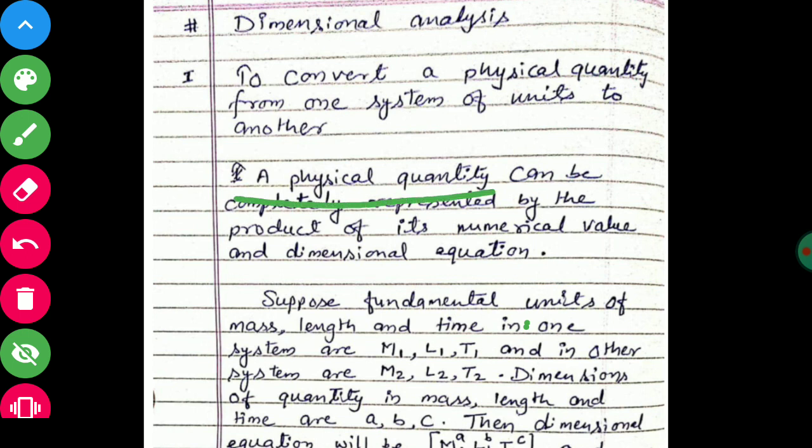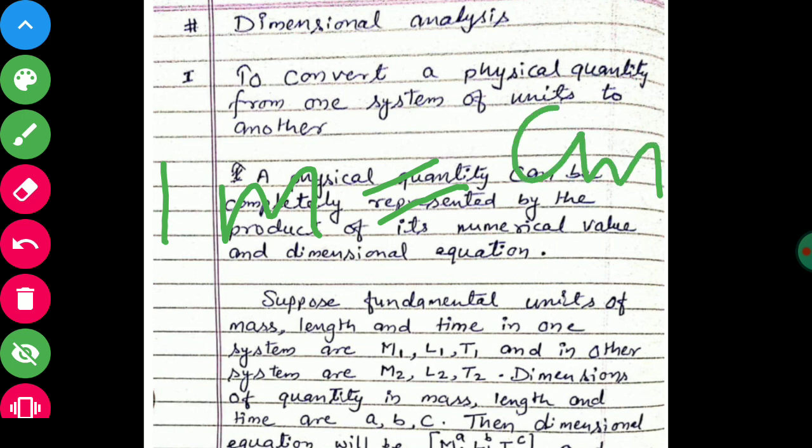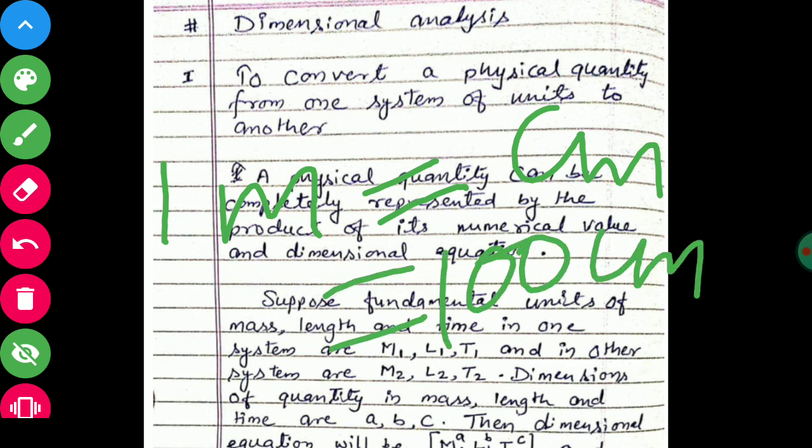A physical quantity can be completely represented by the product of its numerical value and dimensional equation. I'll give you one example so you can understand easily. 1 meter is equal to how many centimeters? Yes, 1 meter is equal to 100 centimeters. Now here, 1 is what?